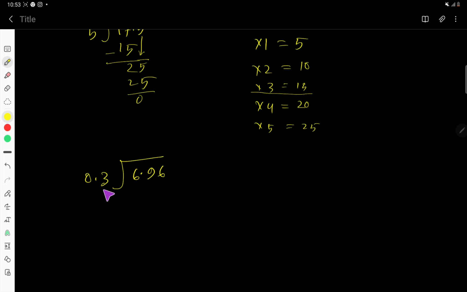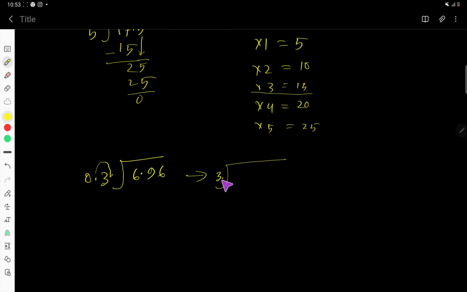So our first task is to turn this divisor into a whole number, right? To do so, what will you do? Just you have to move the decimal point. Then what you are getting? 3, right?